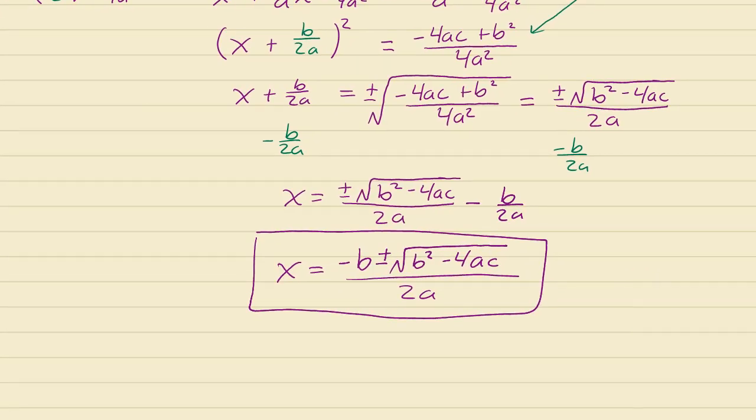So this is the quadratic formula, and it will tell you the solution of any quadratic equation, no matter what your values of a, b, or c are. And we're going to investigate how to use it. And by the way, this means that you don't have to complete the square anymore, because we just did all of the work of completing the square in an abstract way.